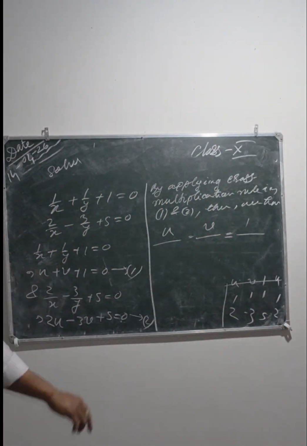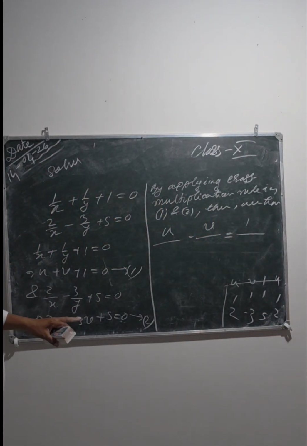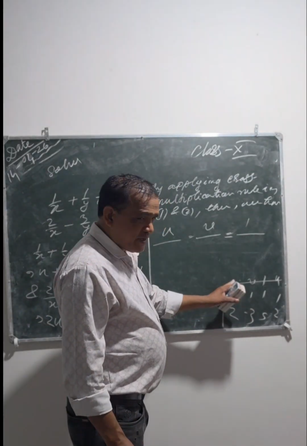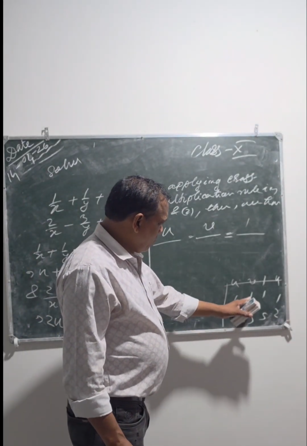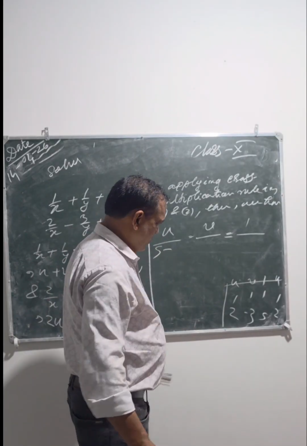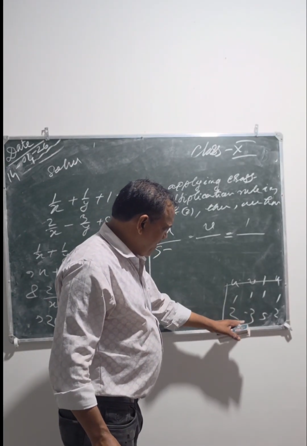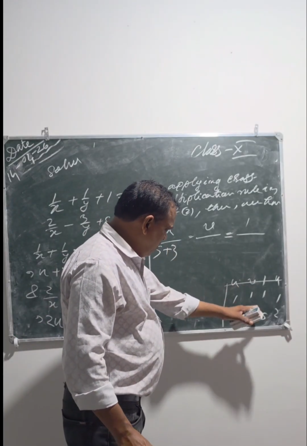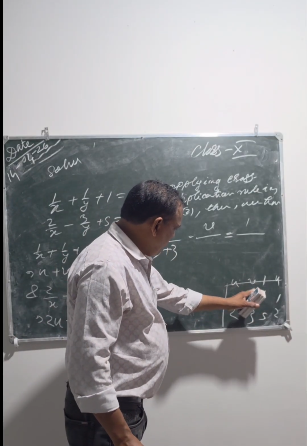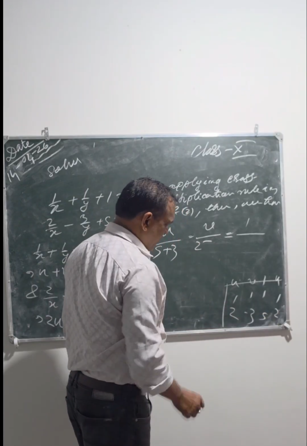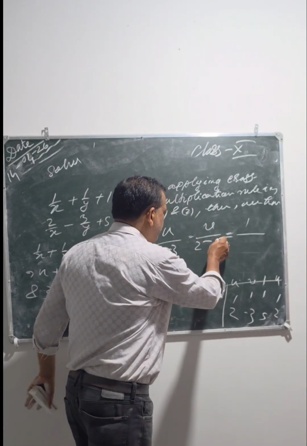Now if we want to cross multiply, omitting the coefficient of u, 1 into 5 is 5 minus 1 into minus 3, which is minus 3, so minus plus 3. Then below v, omitting the coefficient of v, 1, 2 and 1, 5: 5 minus 2.